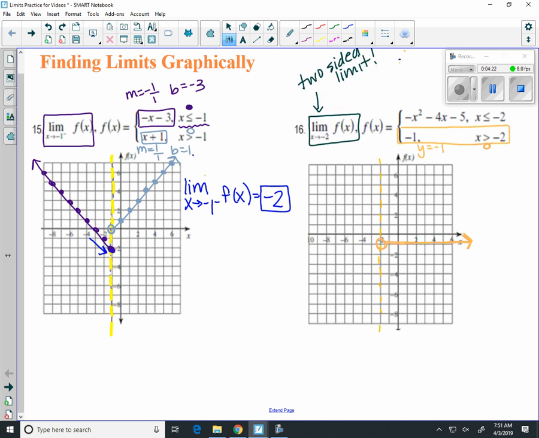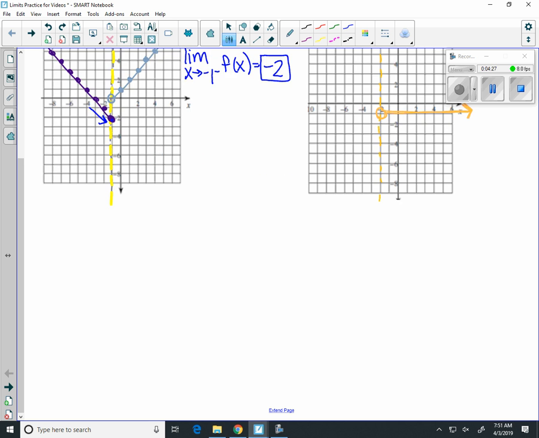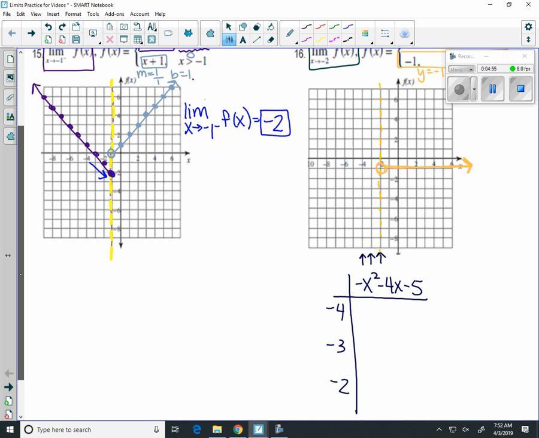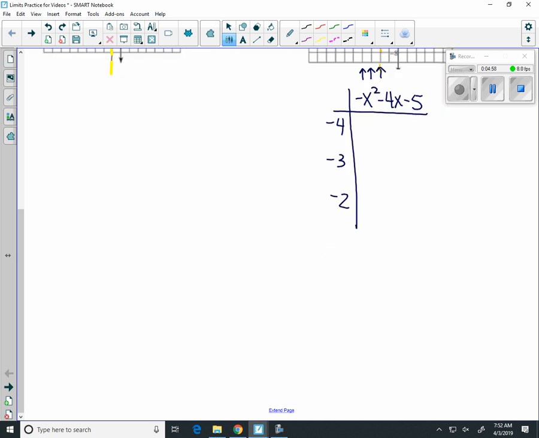So I'm going to do a little table. What I'm interested in is what's happening at negative 2 and maybe negative 3 and negative 4. And what I'm plugging into is that negative x squared minus 4x minus 5. Again, I really think the thing with limits is that the math isn't hard.